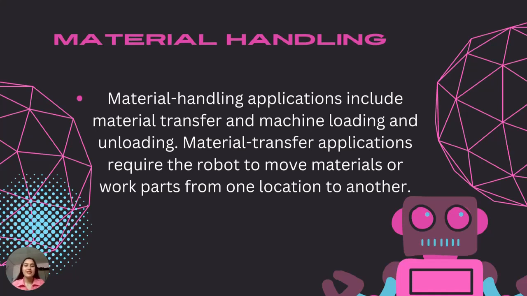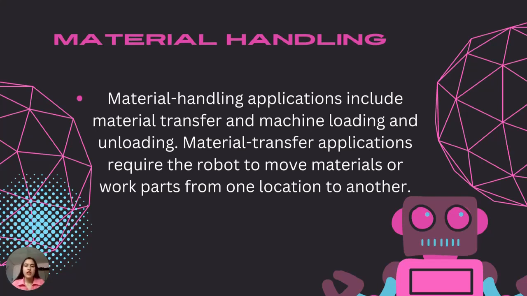Many of these tasks are relatively simple, requiring robots to pick up parts from one conveyor and place them on another. Other transfer operations are more complex, such as placing parts onto pallets in an arrangement that must be calculated by the robots.